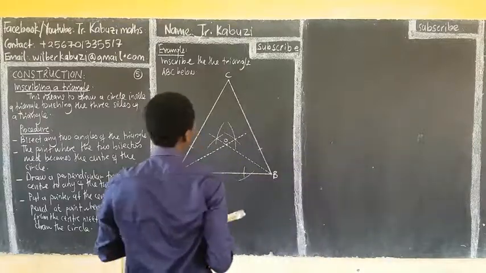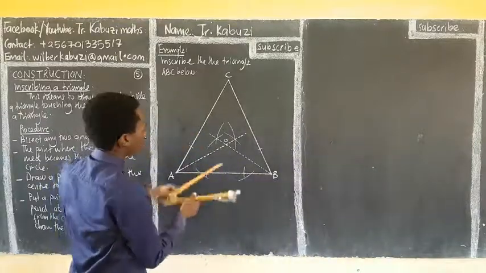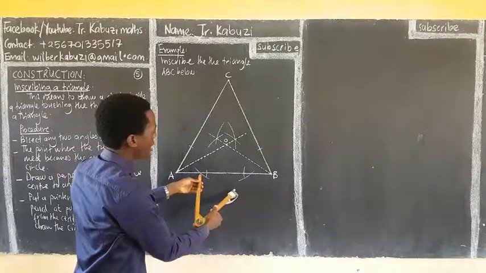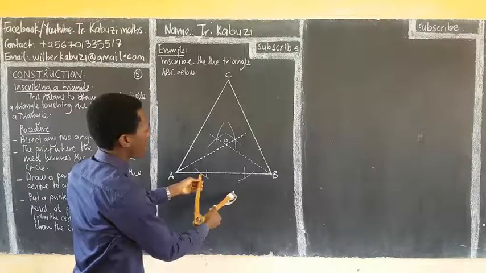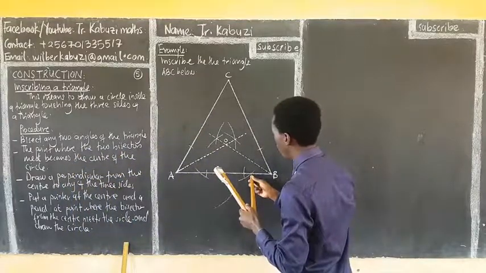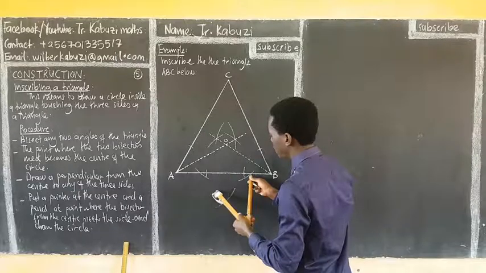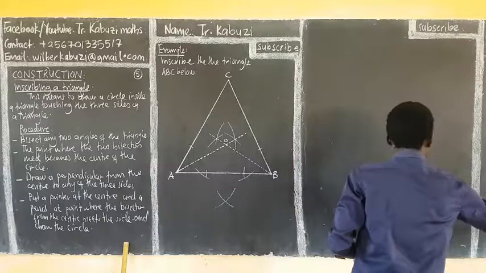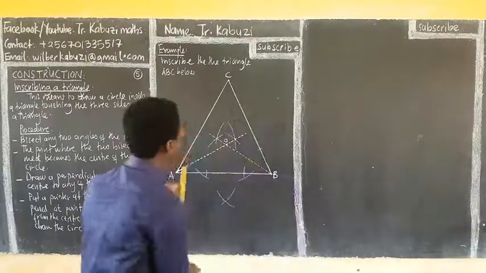Then after that, you come to this point there and draw an arc there, like that. You draw an arc there. Then you come also to this point here and draw an arc there. Then you join that point to that.